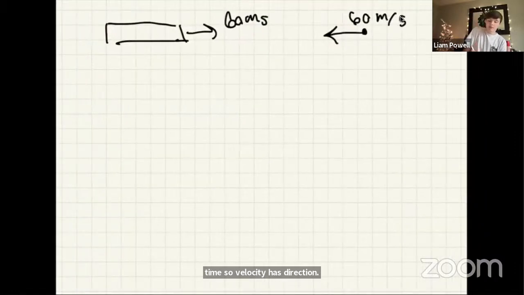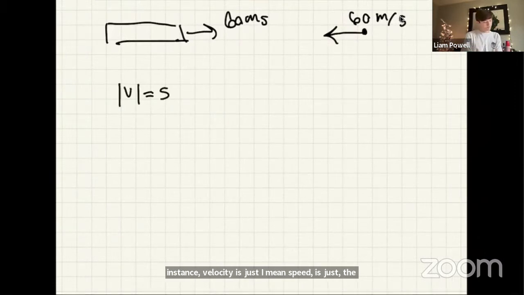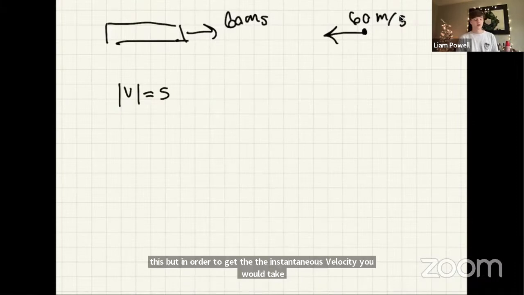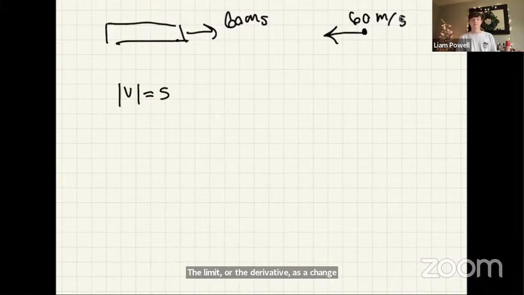Speed is just the absolute value of velocity. If you're in calc-based physics, you're probably not going to be watching this, but in order to get the instantaneous velocity, you would take the derivative of the position versus time function, but we're not going to be talking about that for this course.